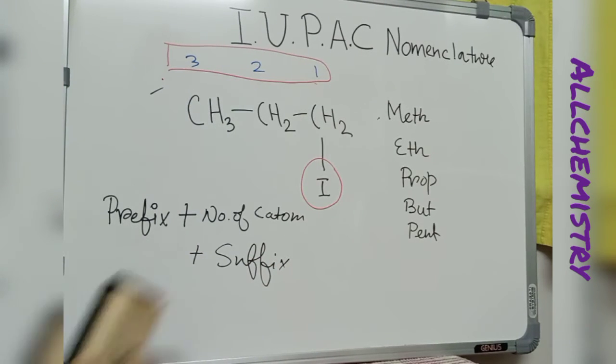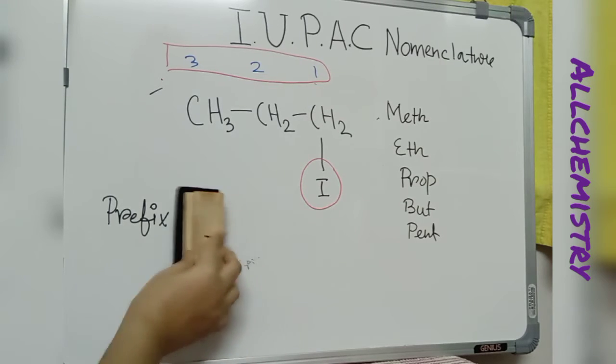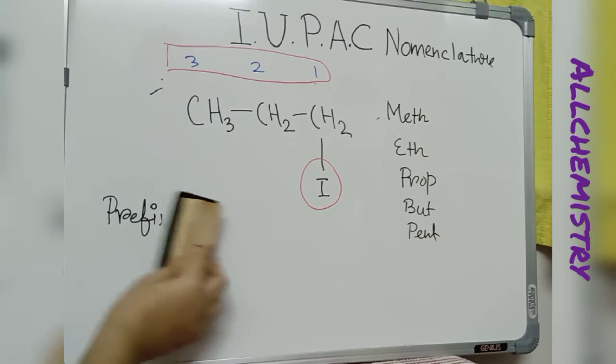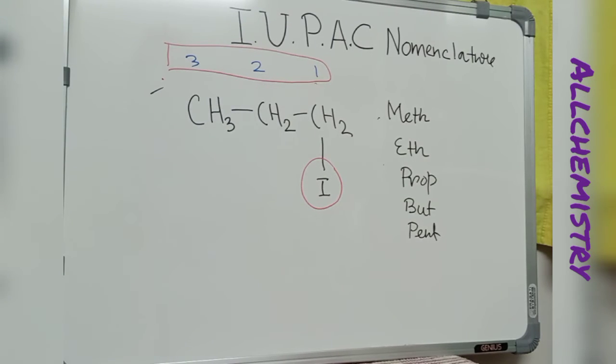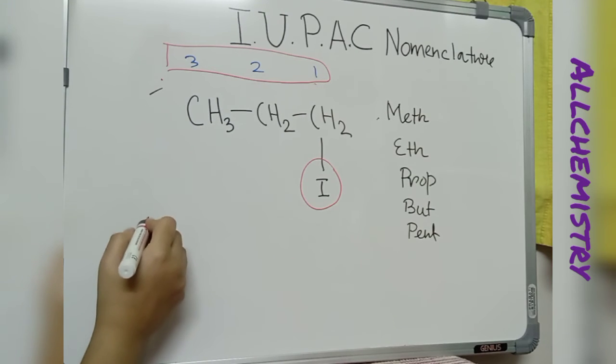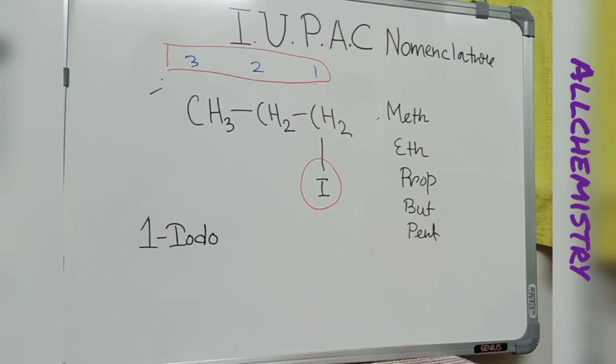How will we do that for this compound? We have iodine on carbon 1, so we can write 1-iodo.